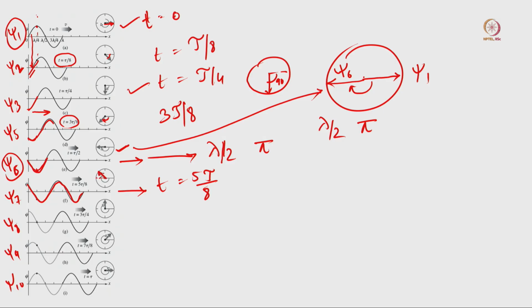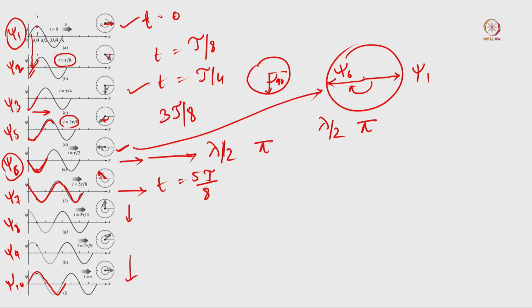Now, if we keep going in this way, after a certain time, in this particular case wave 10, you can see there is a complete one full wavelength difference from the first wave, but both are in the same phase.